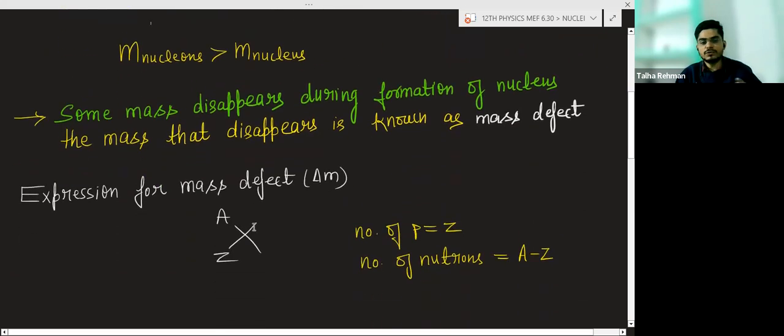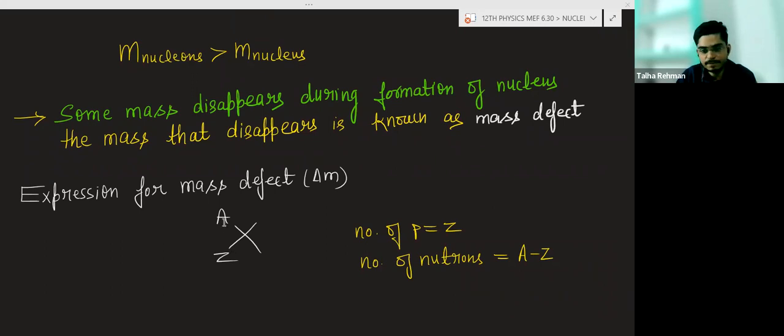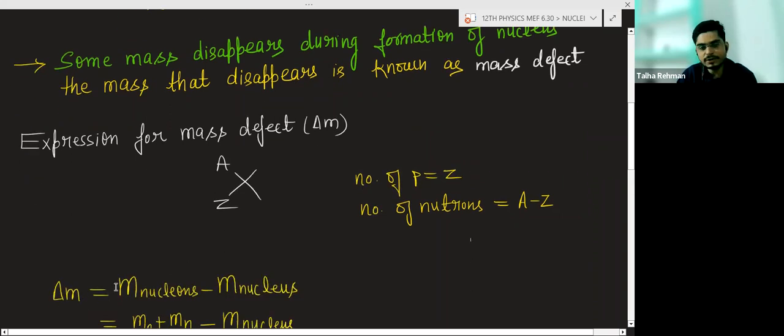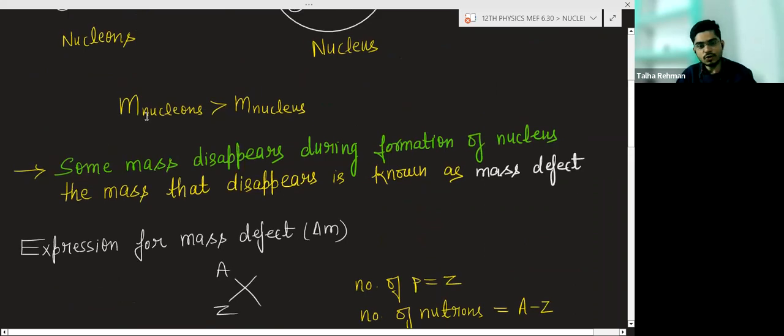Now, the expression for the mass defect. Suppose this is some element X, and this element X has atomic number Z and mass number A. So in this element, the number of protons will be Z and the number of neutrons will be A minus Z. So to calculate the mass defect, it will be the mass of nucleons minus the mass of nucleus.